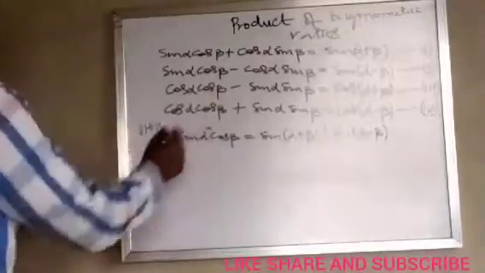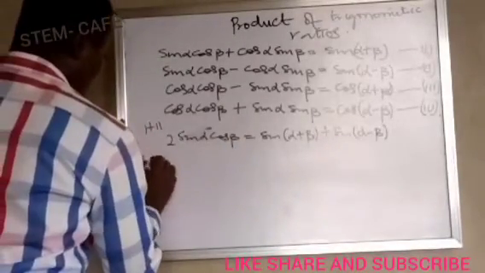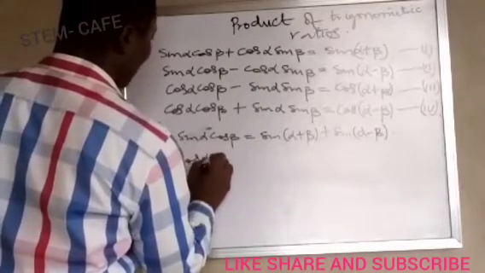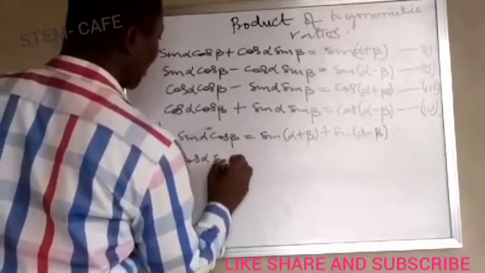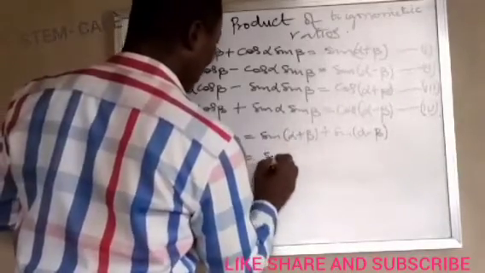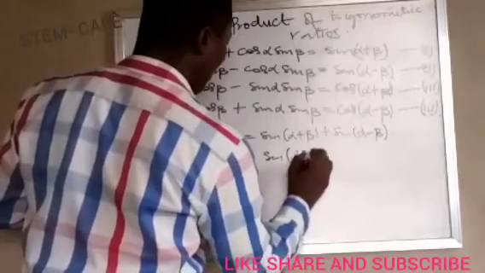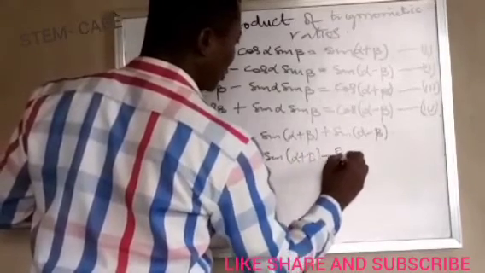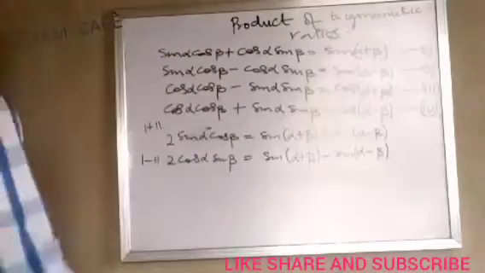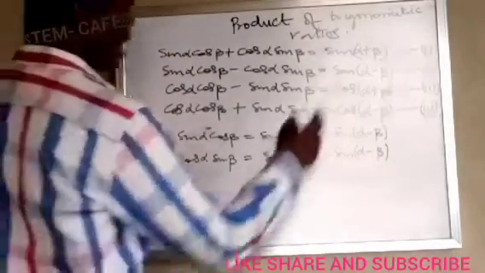Now let's subtract equation 2 from 1. So I have 1 minus 2. That gives me 2 cos alpha sin beta equal to sin alpha plus beta minus sin alpha minus beta. Now let's add equation 3 and 4.